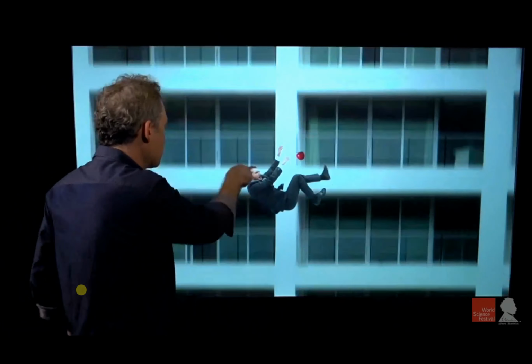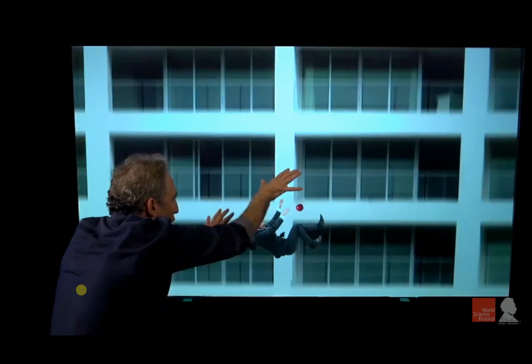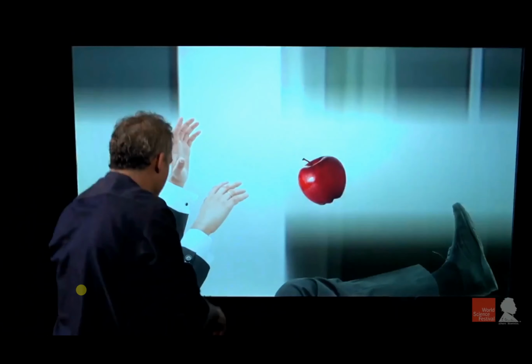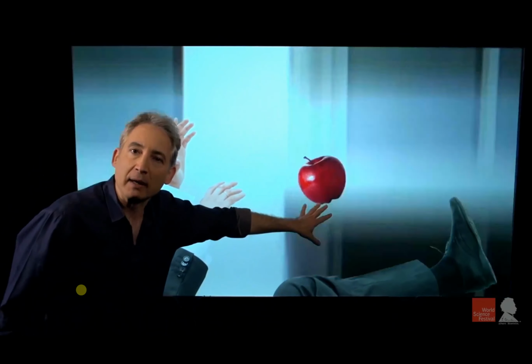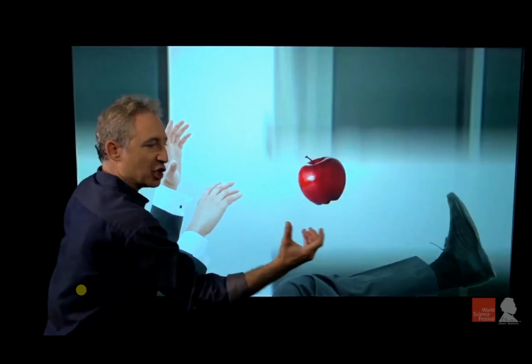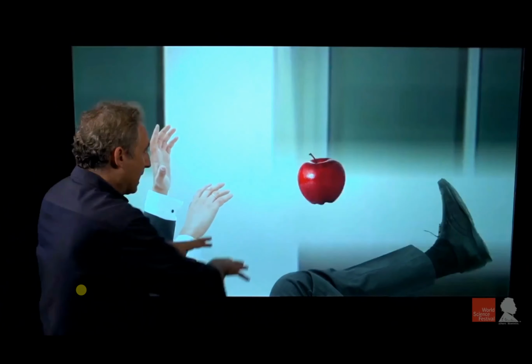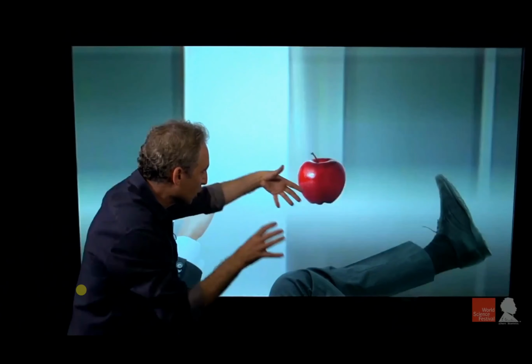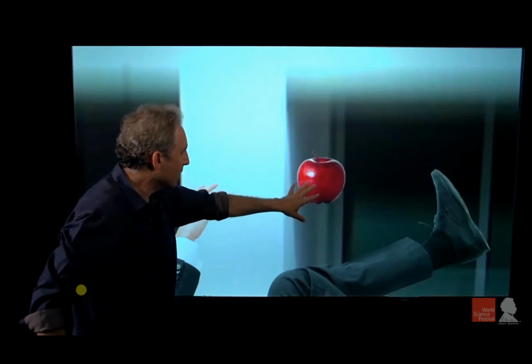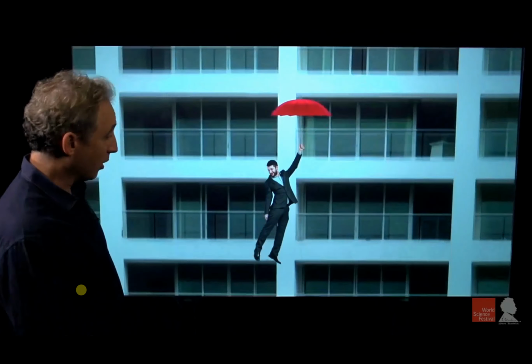So from this person's perspective, the apple falls right with him, and therefore the apple appears to be hovering, as it would if he let go of the apple while in outer space. The individual feels weightless, and the environment, if he looks in the local region around him, appears to behave as if there is no gravity at all.